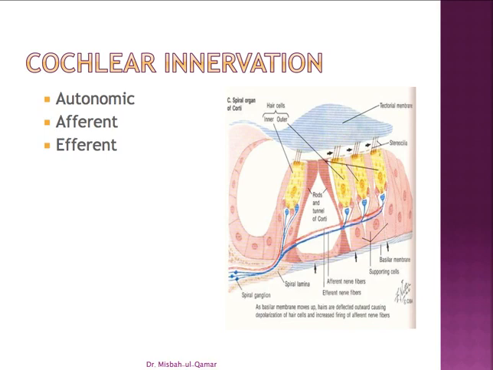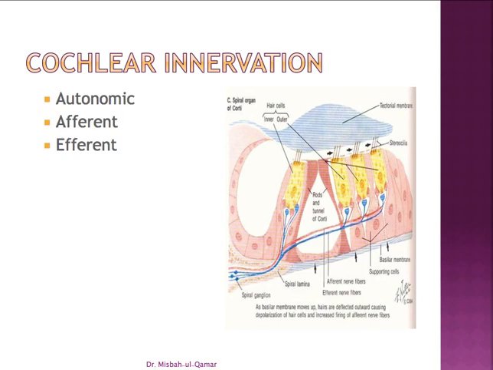The important ones are the afferent nerve fibers and the efferent nerve fibers. And I already told you which type of hair cells have more afferent nerve fibers and which ones have more efferent nerve fibers.